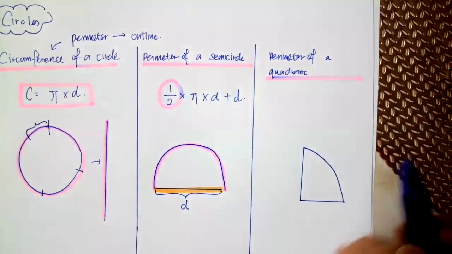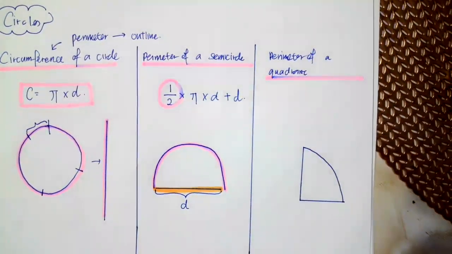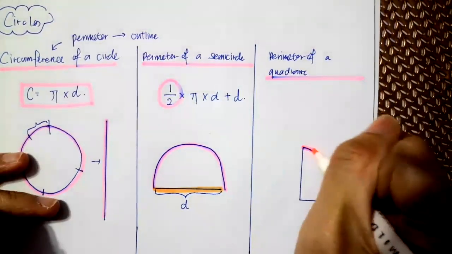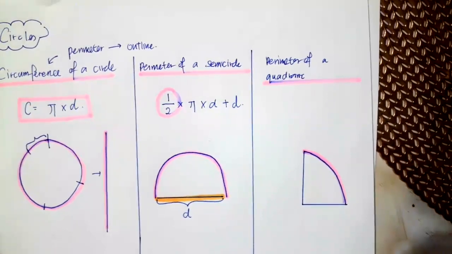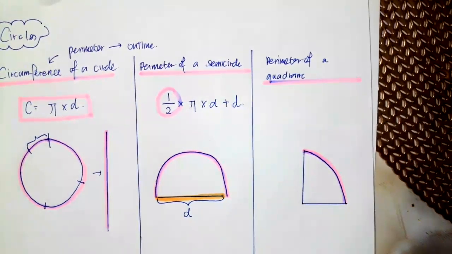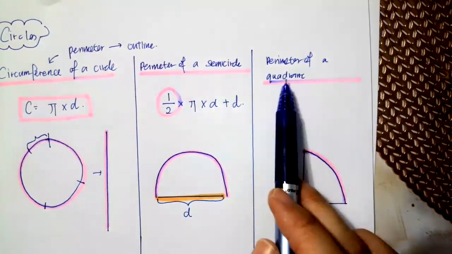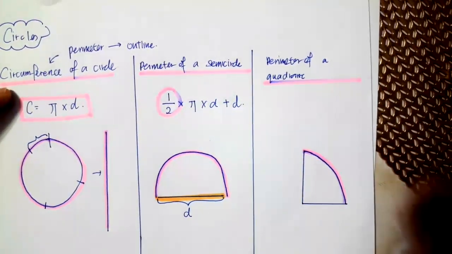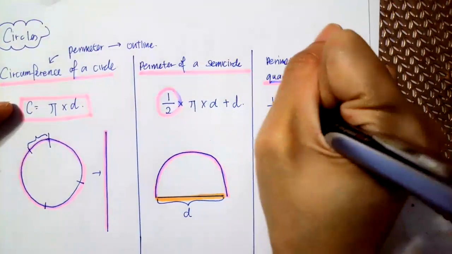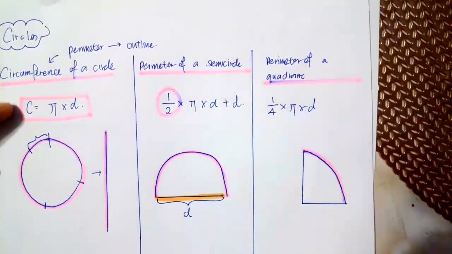All right, next, the perimeter of a quadrant. So this pink line that I highlighted for you is the quadrant curve side. We know a quadrant is 1/4 of a full circle. So the pink line here is 1/4 pi d.